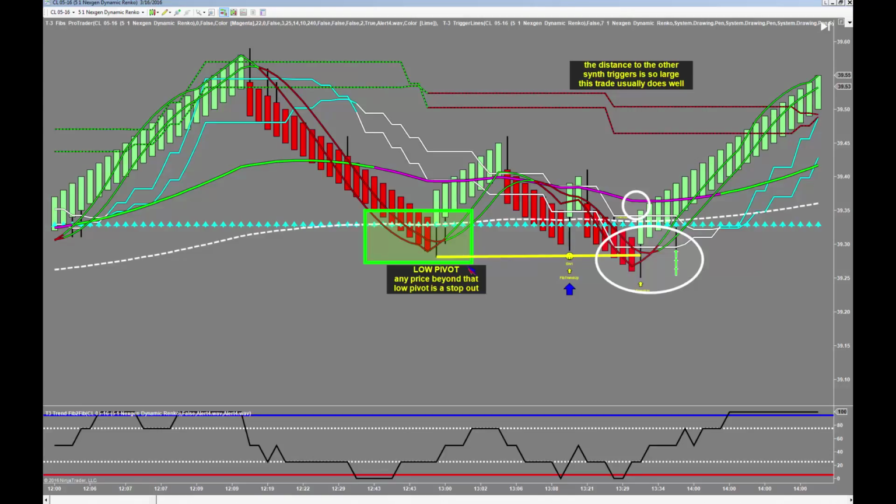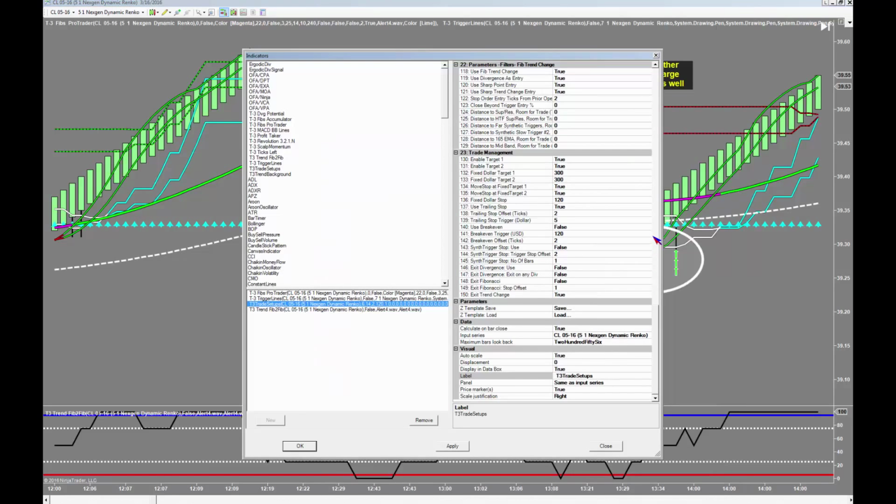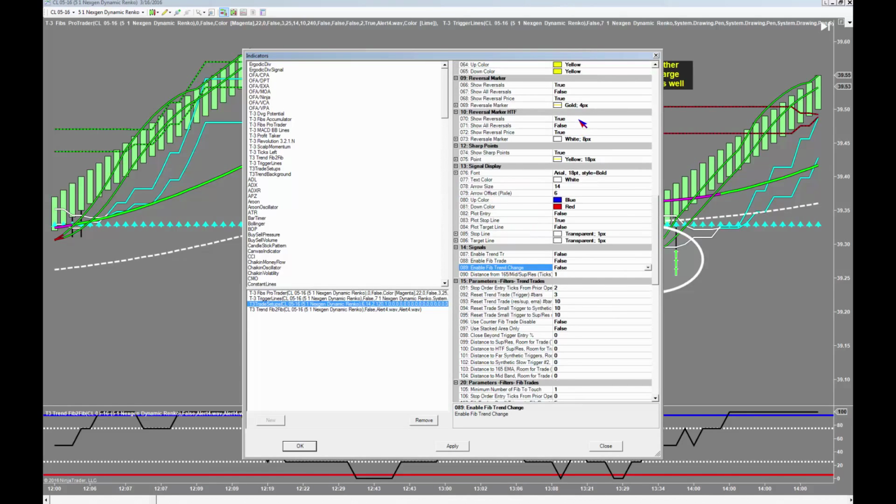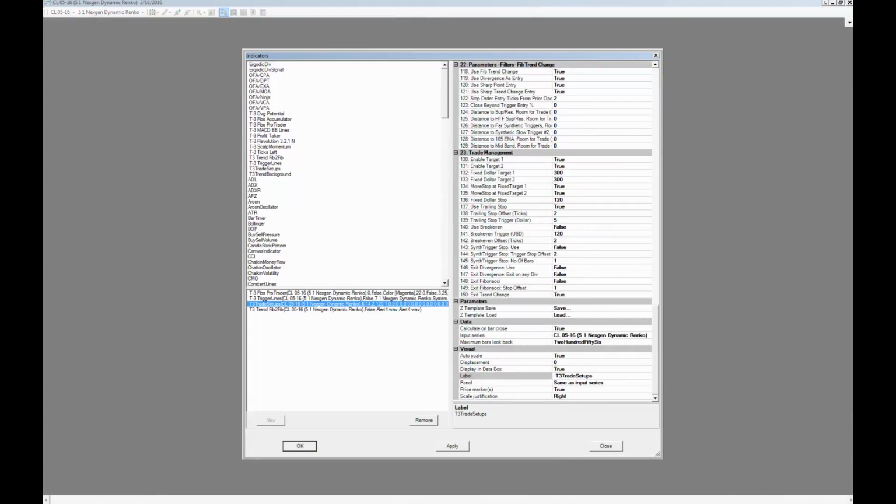What I'm trying to do is get you guys to recognize, let me turn off all these arrows so I don't confuse anybody, how many times have you been the victim of a stop run and then it turns around and goes the other way? Just as a general statement.